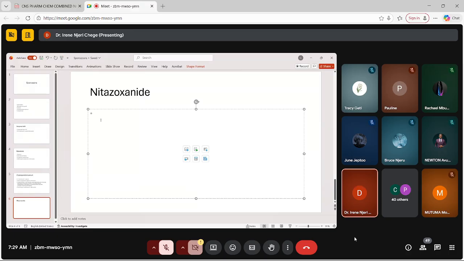So it is a broad spectrum antiprotozoal drug.